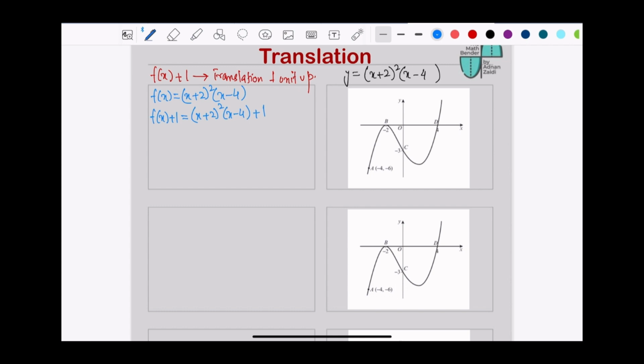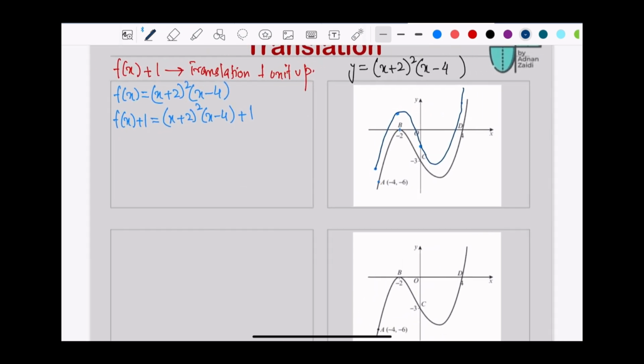So this is going to be plus 1, which means every point, this point here is going to be moving 1 unit upward, this point is moving 1 unit upward, this point moves 1 unit upward, and so on. If I just roughly try to sketch it, it is going to be something like this. Now this point, which was at negative 2 comma 0, is now going to be at negative 2 comma 1.